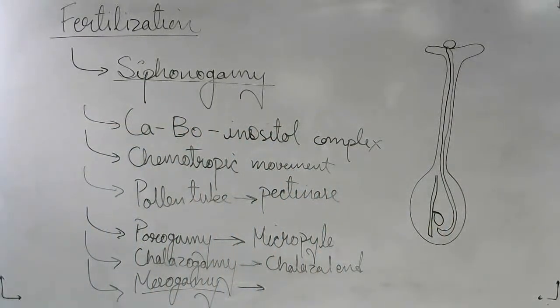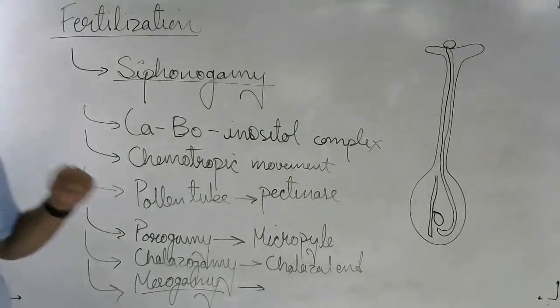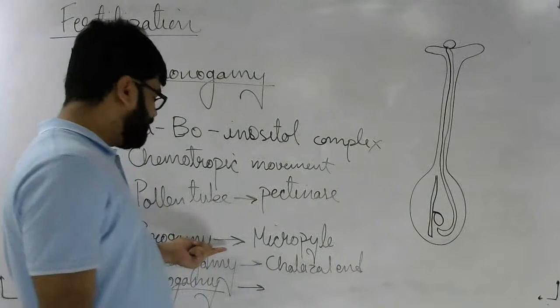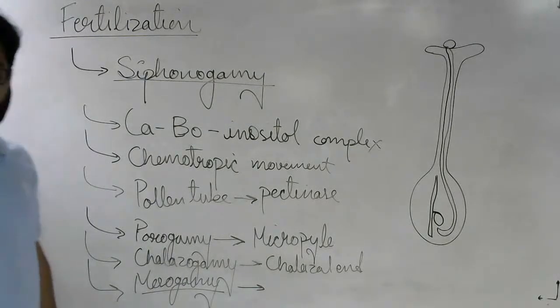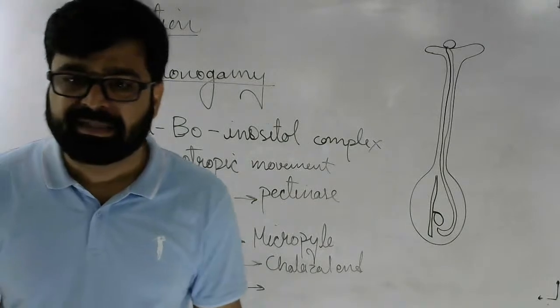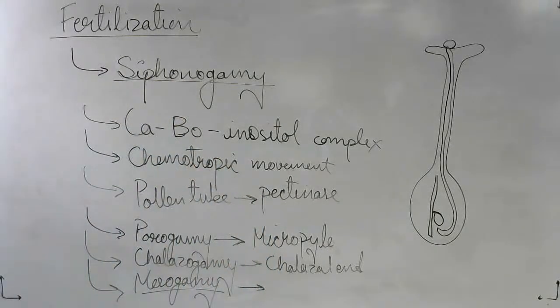That is mesogamy. Now you need to remember the examples also. For example, porogamy is your lily plant. Lily plant के अंदर porogamy होता है. Then chalazogamy is found in Juglans. And the mesogamy is found in Cucurbita.